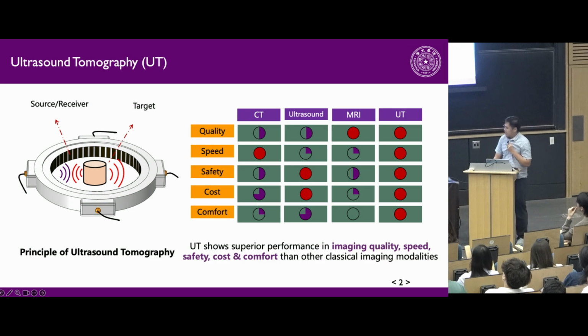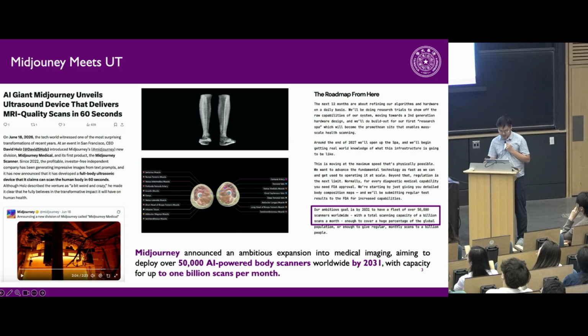Ultrasound tomography is an innovative ultrasound imaging modality which combines the safety of ultrasound and the tomography principle of X-ray CT. Just last month, Midjourney, a major player in diffusion-based image generation, announced its entry into ultrasound tomography, with a plan to deploy more than 50,000 3D scanners for medical diagnosis by 2031. And I think we may be among the first groups to connect generative models with ultrasound tomography and demonstrate their benefits.